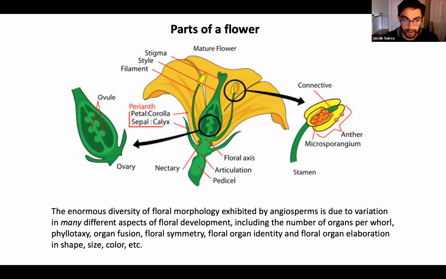Right. So because you have all of these specific structures, particular structures that the microspores are born on, specific structures that the megaspores are born on, et cetera, et cetera, then you can modify these things. And that's where we get the exceptional diversity of floral morphology.